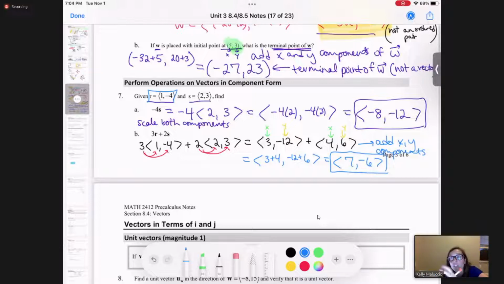However, you could start at any point you wanted, as long as you shift 1 in the X component and down 4 in the Y component. Does that make sense? Yeah. So you could do it in the standard position, but any point works.